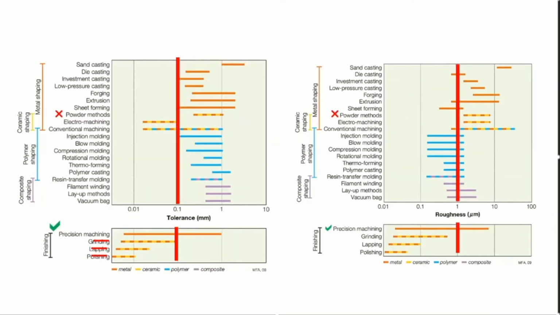Going on to tolerance and roughness, we can see that powder methods do not have a very good tolerance at all. Standard tolerance of 0.1 millimeters, which is plus or minus 5 thou, is pretty standard. So we have to do some precision machining in order to make sure it's within tolerance. Looking at the roughness, powder methods are also very rough, so we also have to do some sort of precision machining or other method to bring down the roughness as needed.